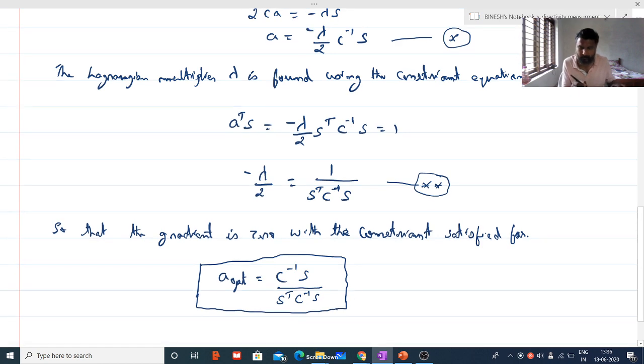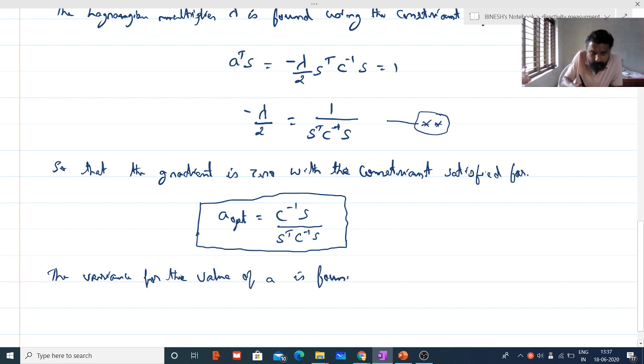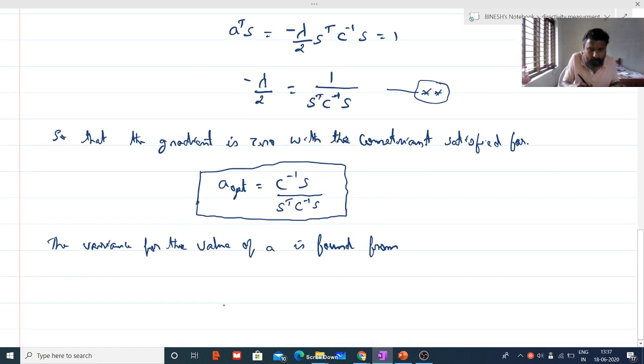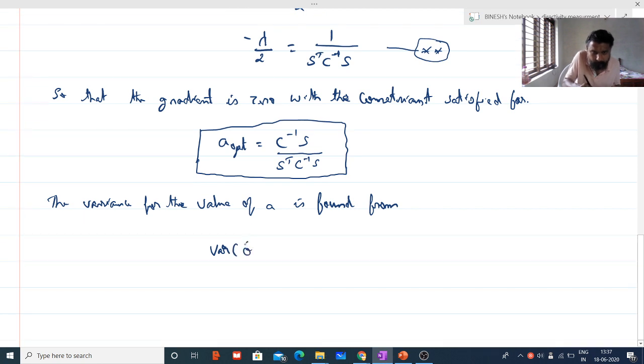And the variance of theta cap also you require. The variance for the value of A is found from that: variance of theta cap is nothing but A transpose optimum C A optimum.